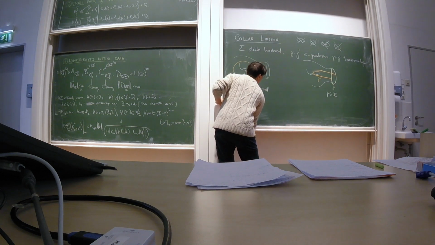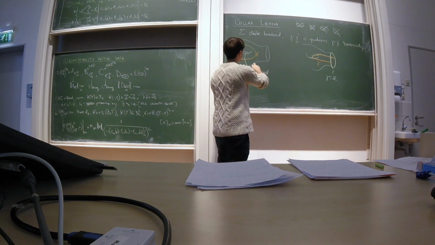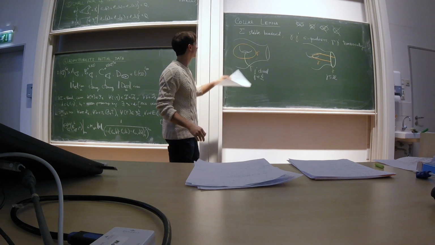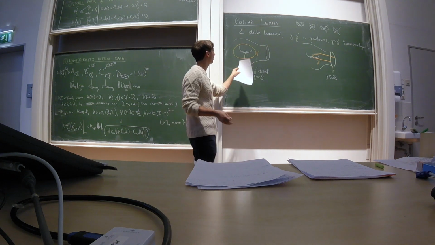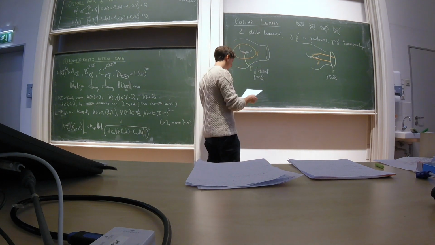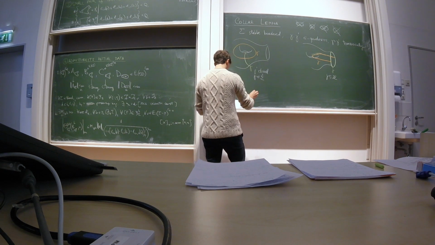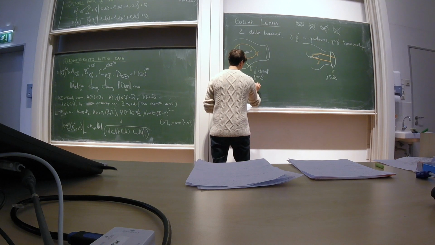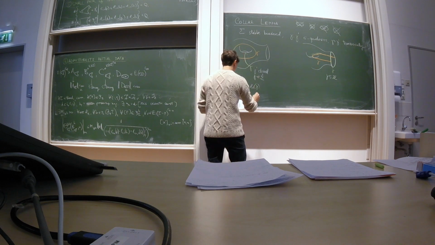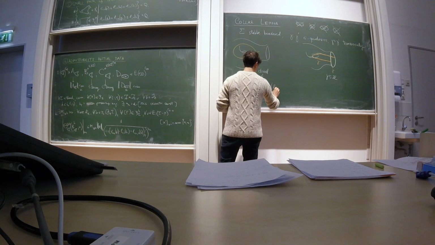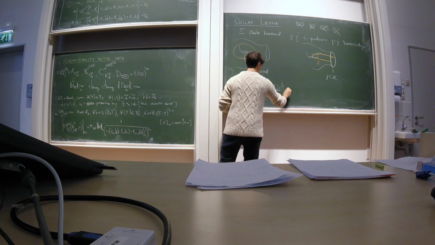Okay, what does the collar lemma give me? It's an estimate of the length, not the ratio, but somehow how the lengths of these two interact. And the statement is that in this case, we have hyperbolic sine of the length of gamma divided by 2, times hyperbolic sine of the length of gamma prime divided by 2, is greater than 1.